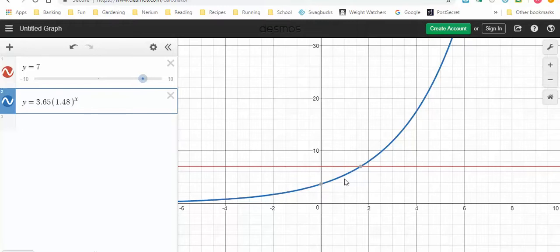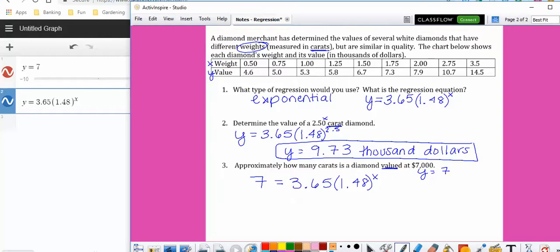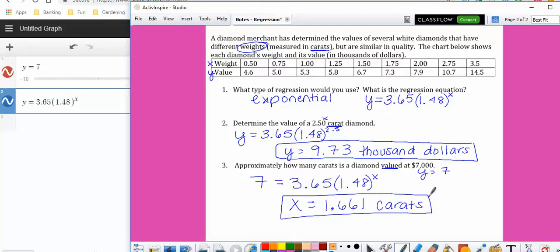And what we're looking for is where they intersect, and it actually already showed us that's 1.661 is our x value. So that means x equals 1.661 carats, because that's how we were measuring our x values.